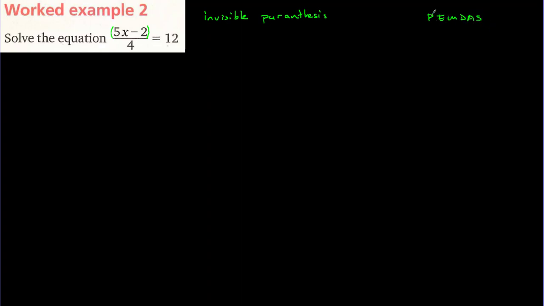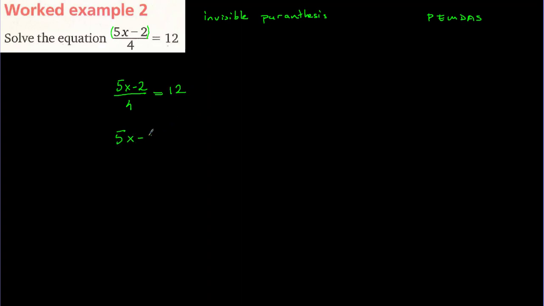With respect to the PEMDAS rule, firstly you should solve the parenthesis, then division. But while you are solving the equation, it should be inverse. Firstly division, then parenthesis. 5x minus 2, divided by 4, I know that there is an invisible parenthesis here, is equal to 12.